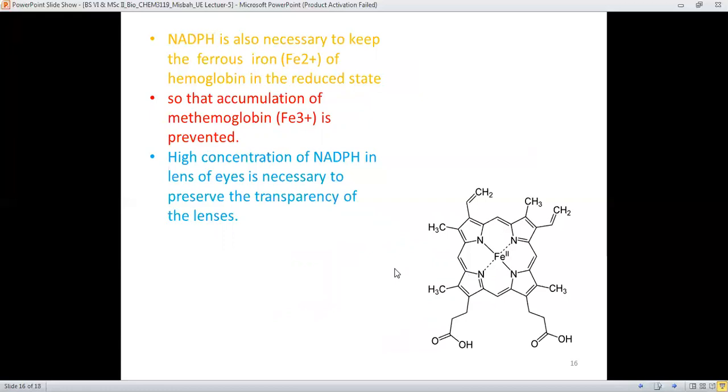Therefore, NADPH is very necessary to keep the iron in the Fe2+, or ferrous form, not in the Fe3+ form. And also a high concentration of NADPH is present in the lens of the eye, which is necessary to keep the transparency of the eye lens and make the vision clear.